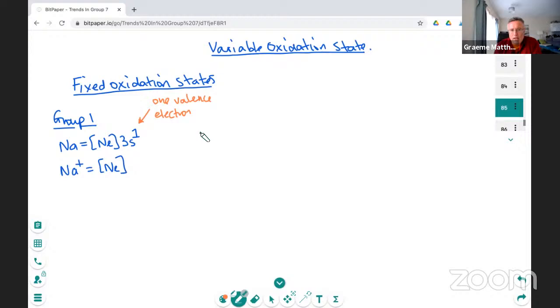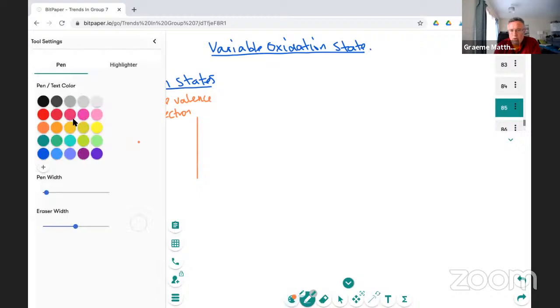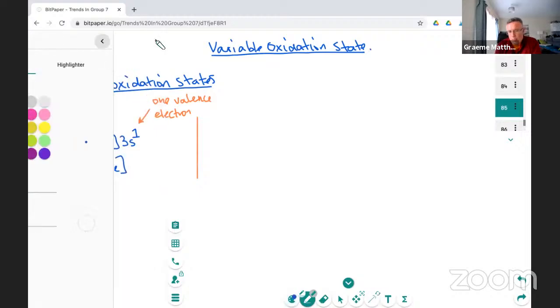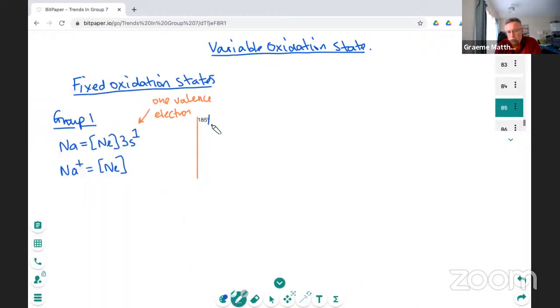Right. So having said that, group 1 then makes sense. And then if I come along and I look at group 2, I think you can see where I'm going with this one, right? So the main group metals, group 1, group 2. So look, group 2. Right.